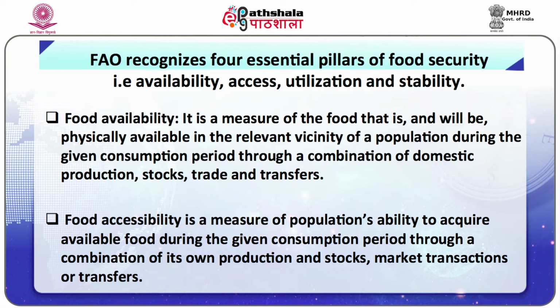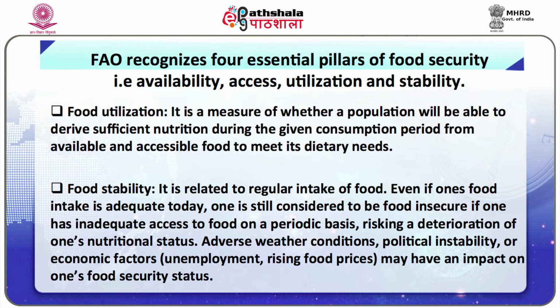Food accessibility is a measure of a population's ability to acquire available food during the given consumption period through a combination of its own production and stocks, market transactions or transfers. Food utilization is a measure of whether a population will be able to derive sufficient nutrition during the given consumption period from available and accessible food to meet the dietary needs.